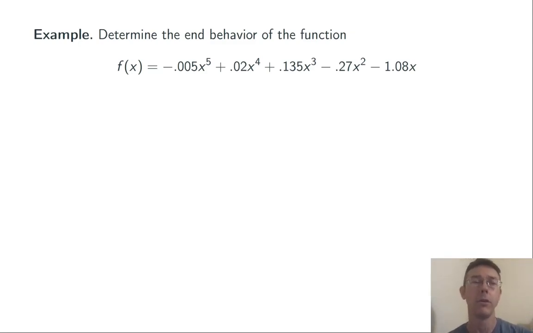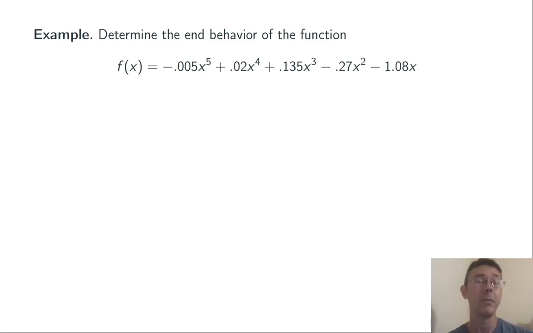Determine the end behavior of this function. F of x equals negative 0.005 x to the fifth plus 0.02 x to the fourth plus 0.135 x to the third minus 0.27 x squared minus 1.08 x. We only need to look at the highest power term, negative 0.005 x to the fifth.